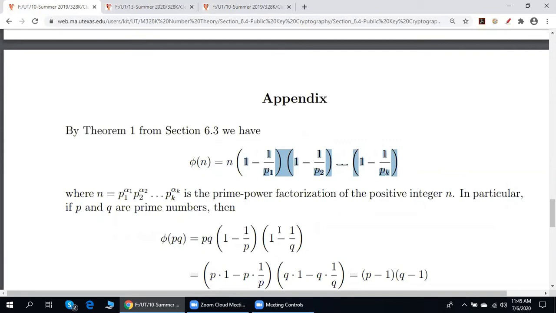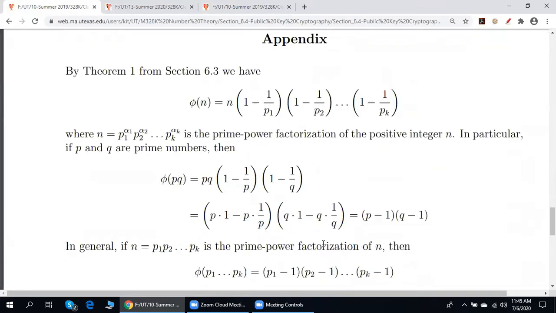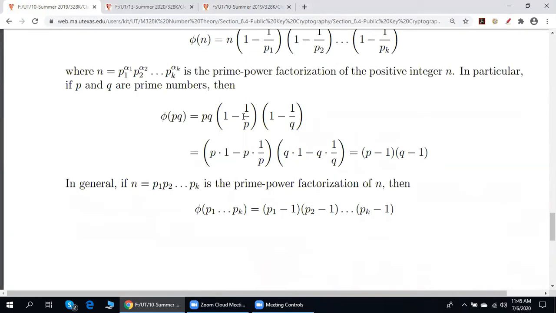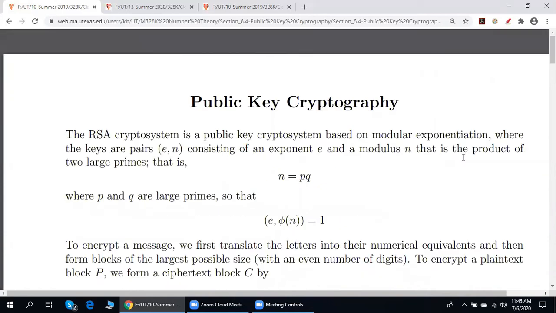And then this becomes this. After we move p inside here and q inside here and simplify, we get this. So phi of n is equal to p minus 1 times q minus 1. Repeat once again. If we know p and q, it is easy to find phi of n. Phi of n is p minus 1 times q minus 1.